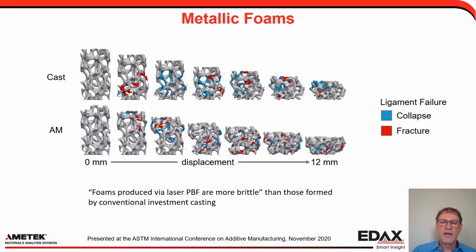If we then compress the foam, you'll see this nice example from the paper. You can see that the additive manufactured material is a little bit more brittle. It definitely deforms differently than we'd get from the conventional investment casting. And so this is a very nice example of how the microstructure affects the properties.